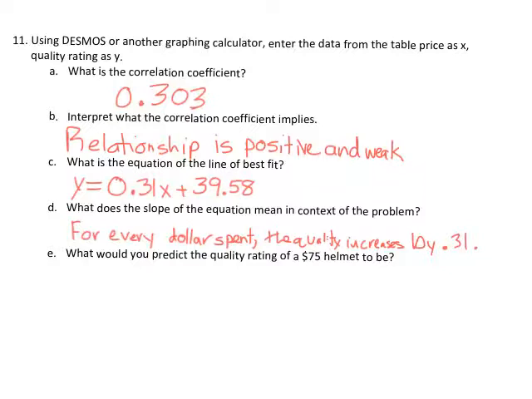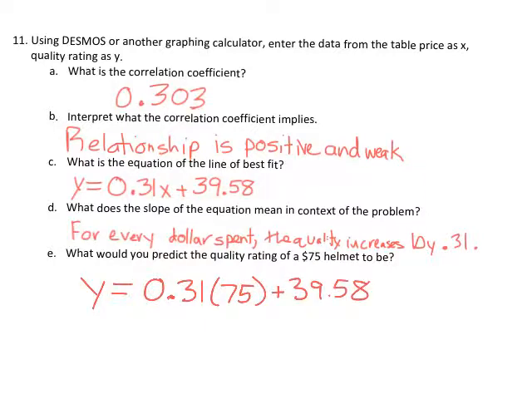So if we put $75 in for X, then we have Y equals 0.31 times 75 for the helmet, plus 39.58. Okay? Somebody want to help me out with your calculator? 75 times 0.31 is 23.25, plus 39.58.